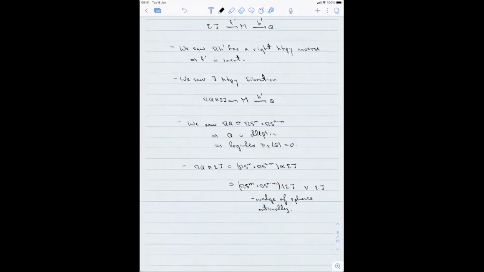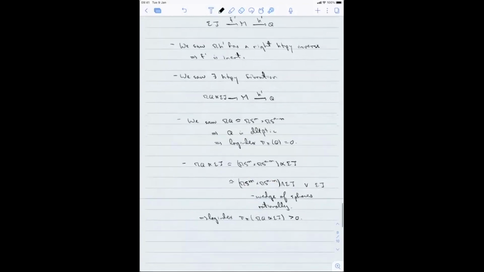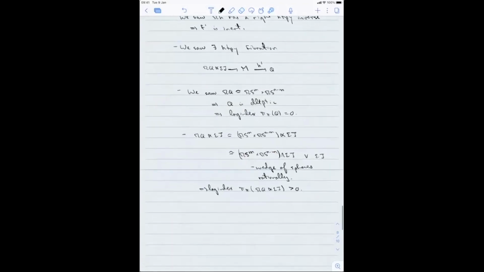So its log index for the homotopy groups is strictly bigger than 0. The wedge of spheres has exponential growth.